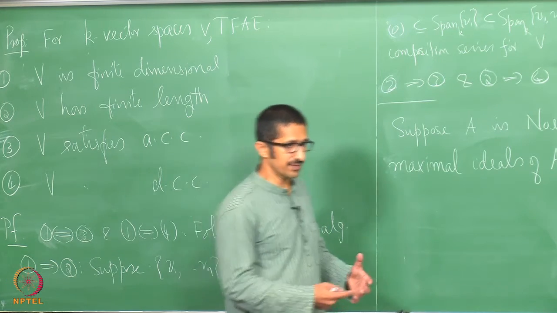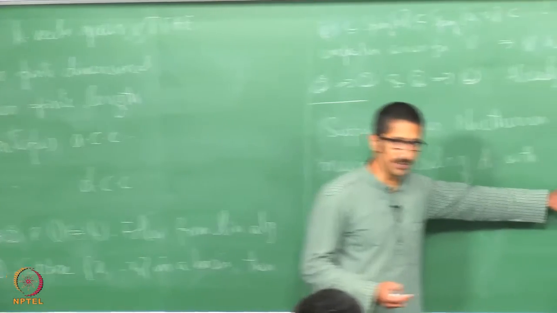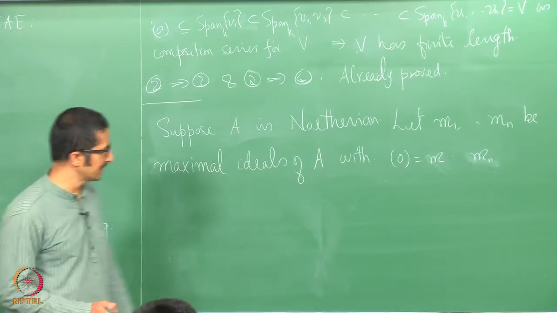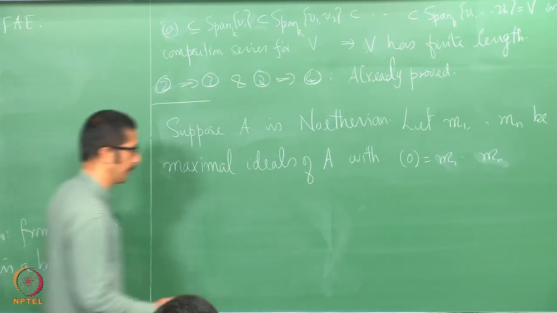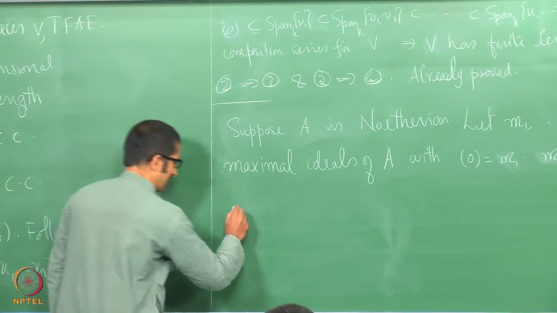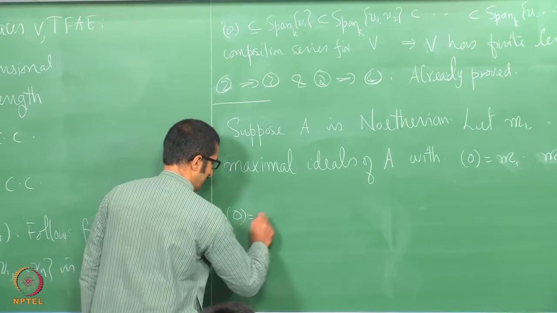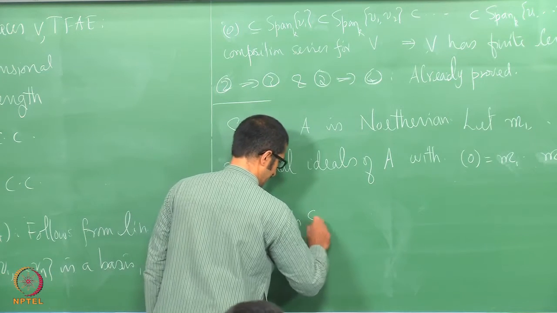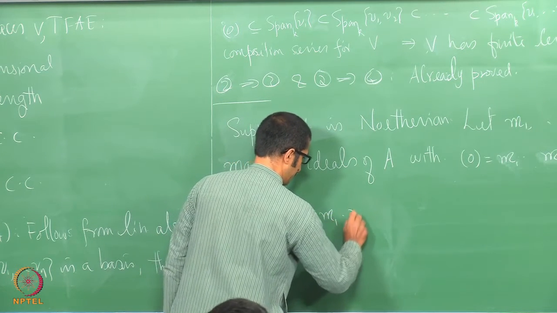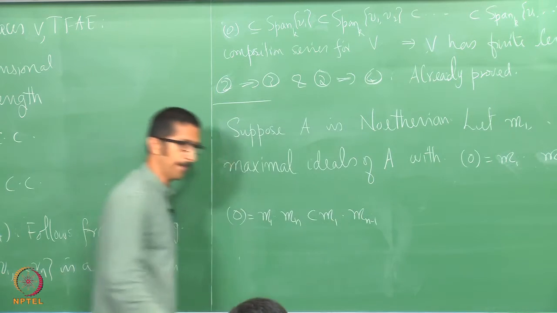So, if you have some nice structure on A, where the product of maximal ideals is 0, then look at this sequence contained in M1 up to Mn minus 1.